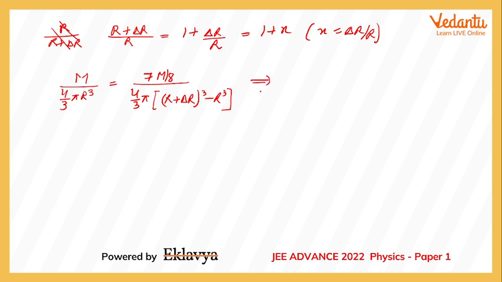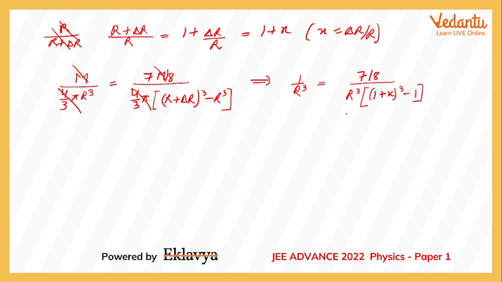So if I begin to solve this, m gets cancelled, and 4 by 3 pi gets cancelled. What is left here on the left hand side is 1 by r cube, and on the right hand side we are left with 7 by 8 divided by, let me pull out r as the common quantity, so we will end up writing 1 plus x cube minus 1. Check this out, guys.